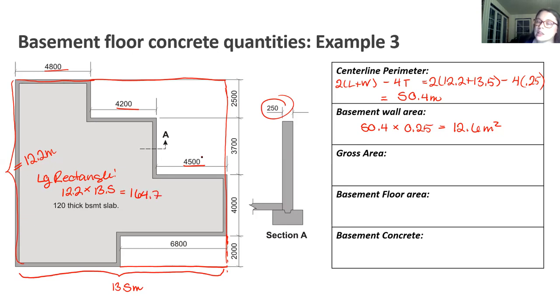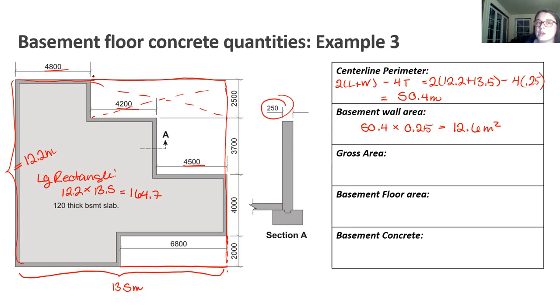Now we're going to have to find areas of each of the small little sections that we can subtract from that number. So first of all, let's start with this one at the top. So we want to subtract this rectangle that I've just put a red X through. So we know that it is 2,500 millimeters high, or 2.5 meters in height.